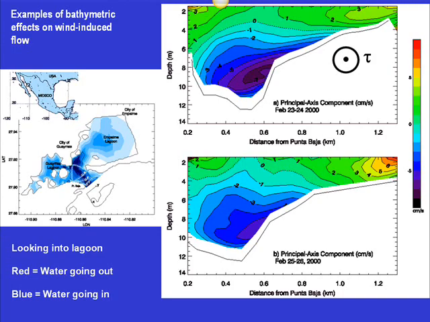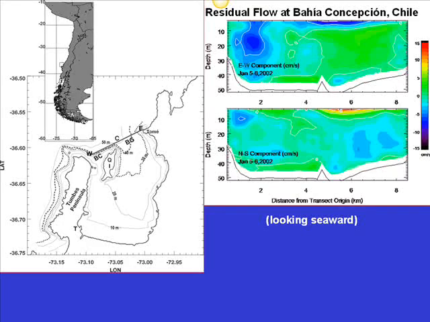But it's mostly dominated by lateral variation, because you have downwind flow over the shallow areas and upwind flow in the channel, whereas this other example is vertically sheared rather than laterally sheared.